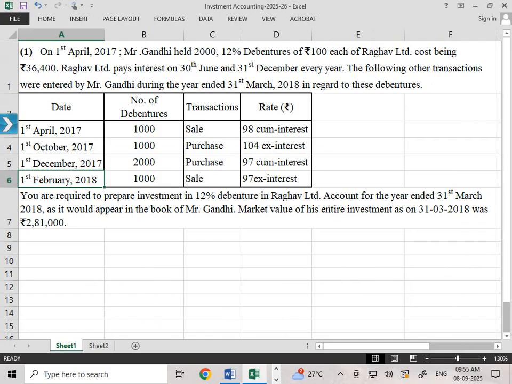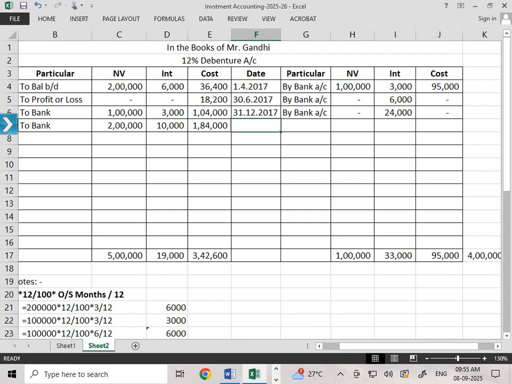Now the last transaction remaining. What is that last transaction? Sale is there on 1st February. So here write down 1st February 2018. What is that? By bank. What is the nominal value?